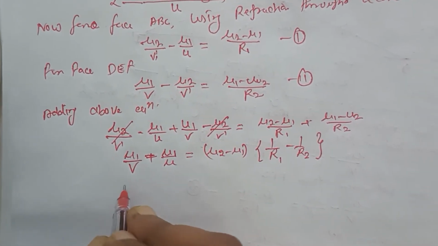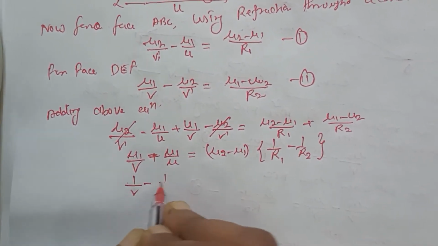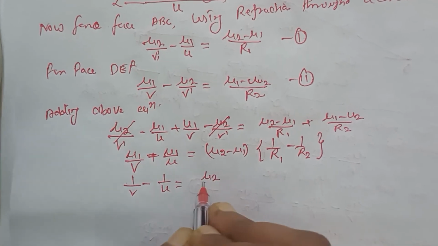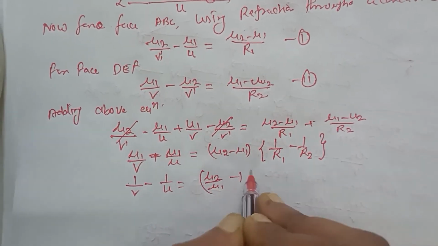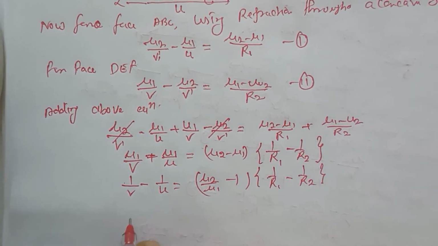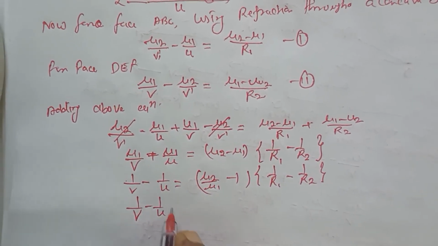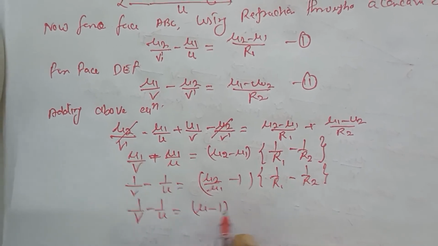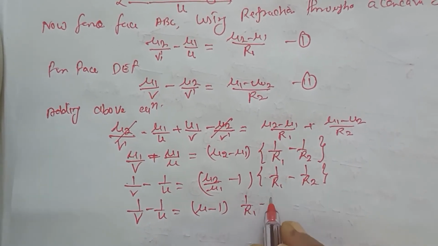Now dividing by mu1, 1 upon v minus 1 upon u equals mu2 divided by mu1 minus 1 times 1 divided by r1 minus 1 divided by r2, that means 1 by v minus 1 upon u equals mu minus 1 times 1 divided by r1 minus 1 divided by r2.